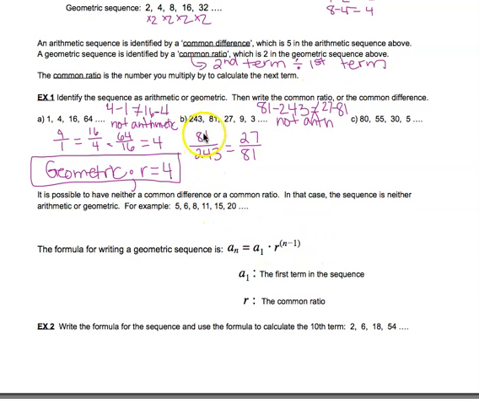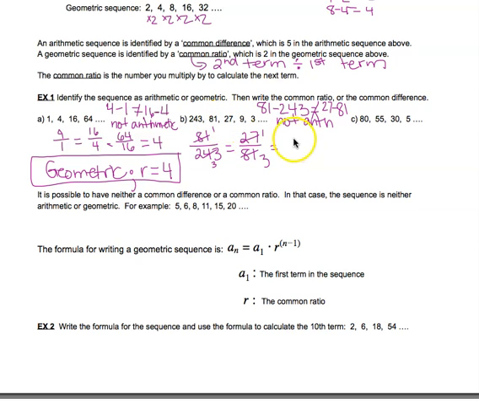It reduces to 1/3. If I do 27 over 81, I also get 1/3. So far so good. It's looking like it's probably geometric, but again, you need to check all of them.